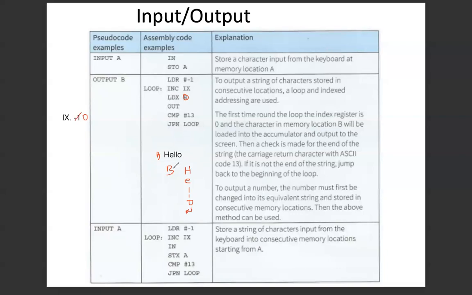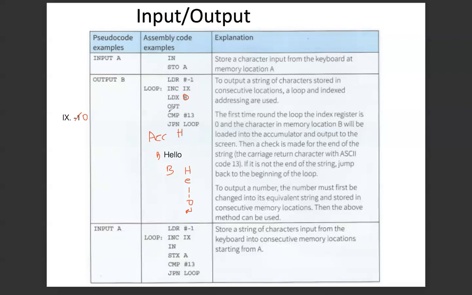If I add the index register value, which is 0, I'll come back right here. That means my ACC, this is my ACC over here, after this line will have capital H in it. Or not exactly H, but the ASCII value of H. After doing that, I will run the out command and the letter H will be printed on the screen.